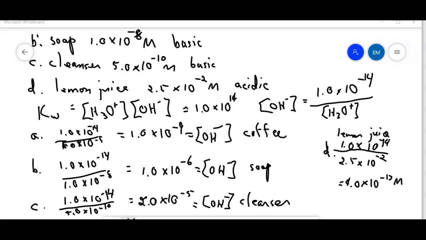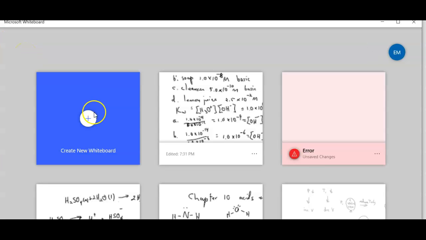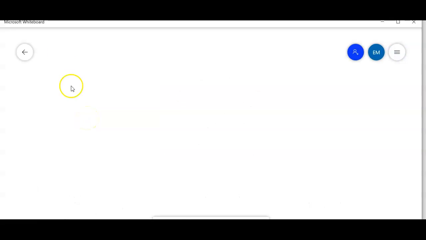So we're calculating the hydroxide ion concentration for each aqueous solution given the hydrogen ion or hydronium ion concentration. Okay, well, we can do this the other way.